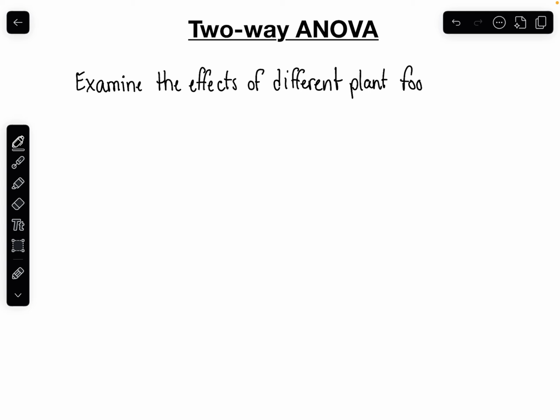Another example, one that we will use throughout this video, would be, suppose that we want to test the effects of certain types of plant foods as well as different soil compositions on plant growth.